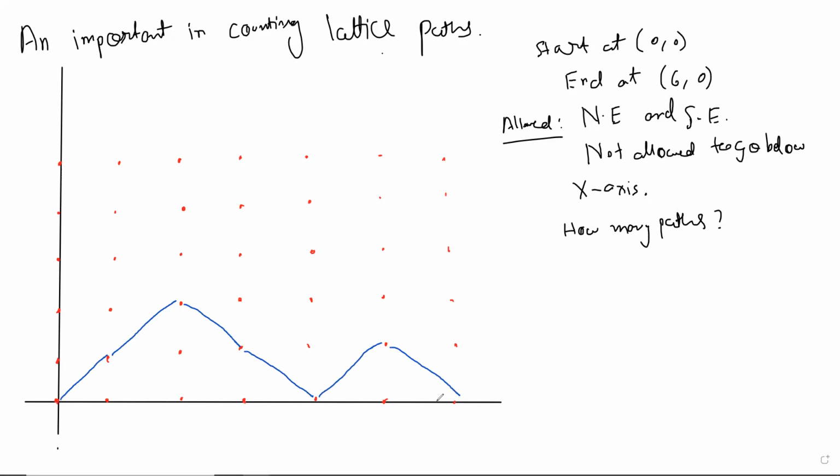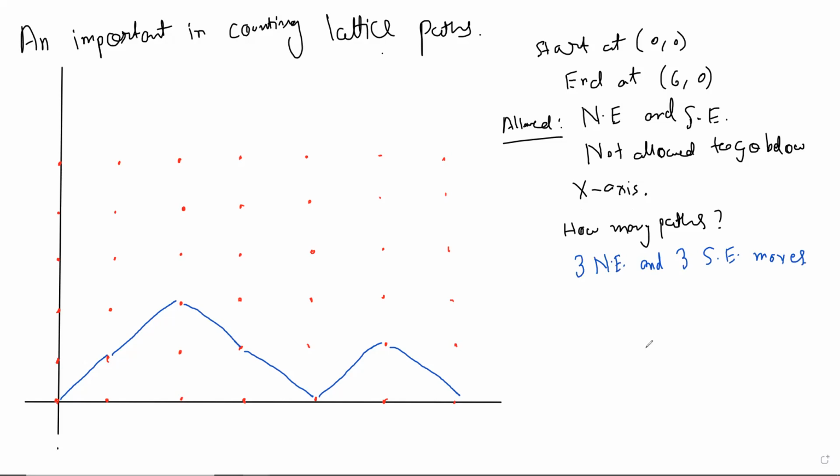Exactly, you will need exactly 3 northeast and 3 southeast moves. So that is again as usual the number of 3 northeast and 3 southeast, but we cannot make these moves in any order.